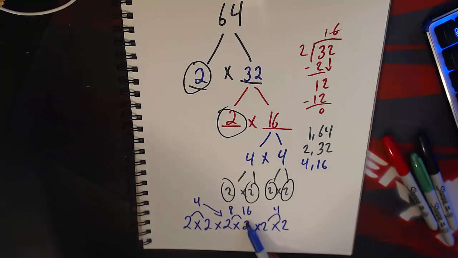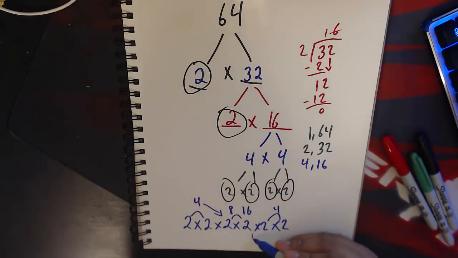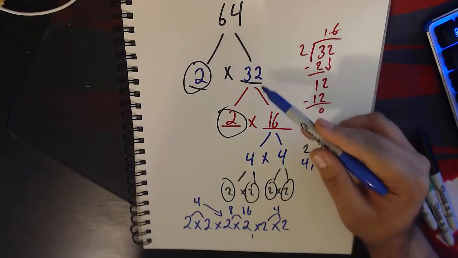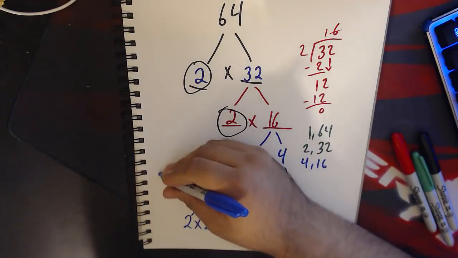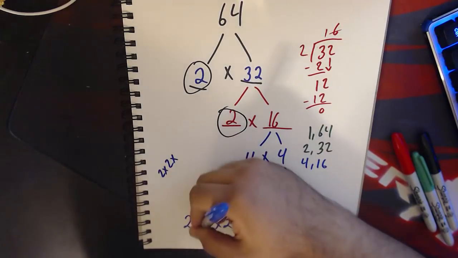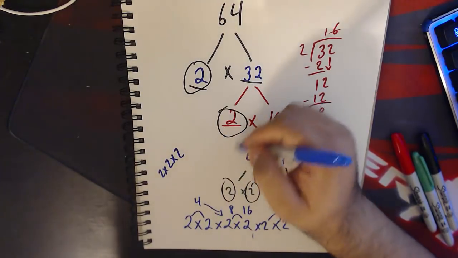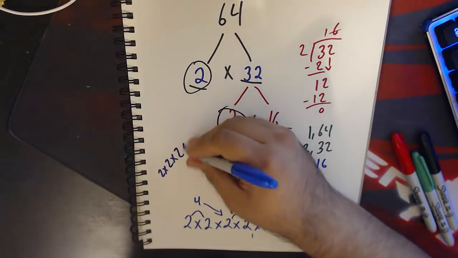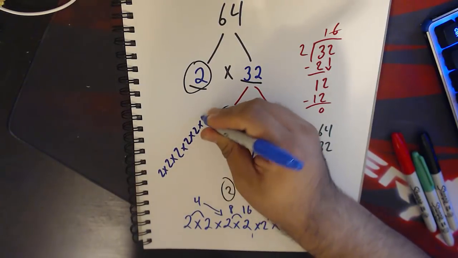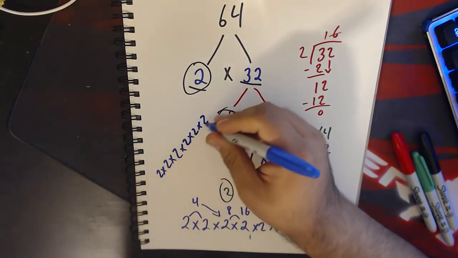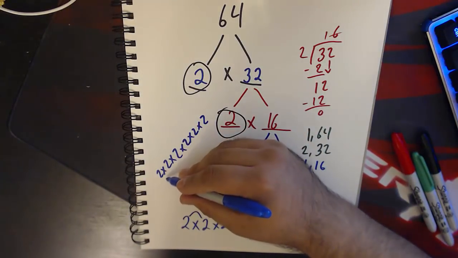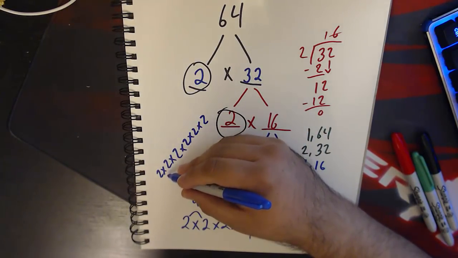Now I know if I did 16 times 2 again, I would have 32 and 2, which is what we already have, so I'm going to try to avoid that. So I have 1, 2, 3, 4, 5, 6 2's. Now I'm going to do 4: 2 times 2 is 4.